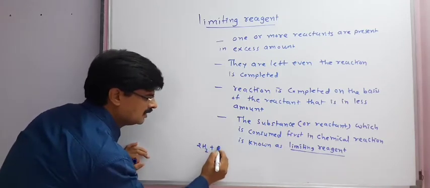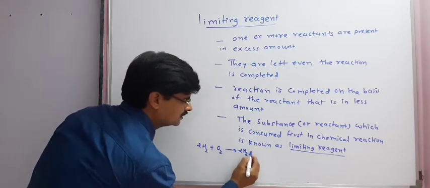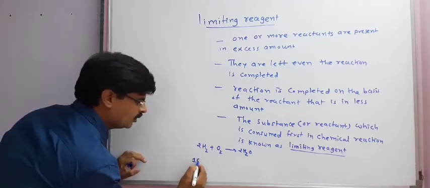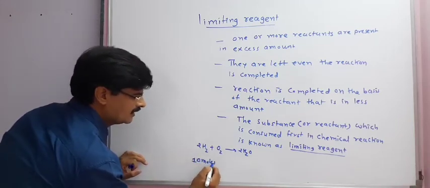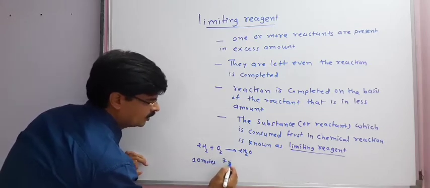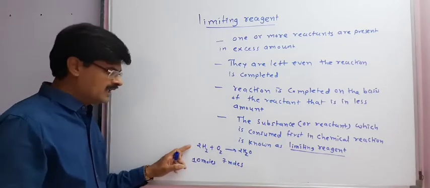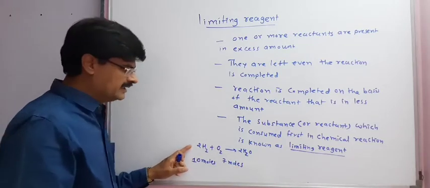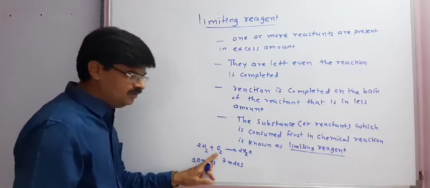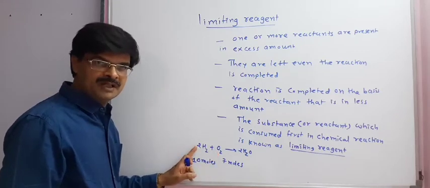Hydrogen plus oxygen gives water. Suppose hydrogen moles are 10 moles and oxygen moles are 7 moles. Now we can understand limiting reagent by taking this case. As we can see, from the stoichiometry, when 1 mole of oxygen is consumed, 2 moles of hydrogen will be consumed.